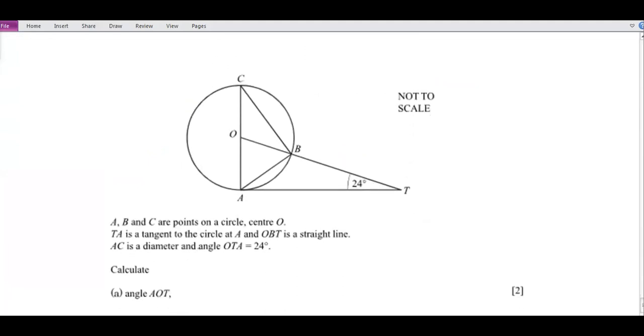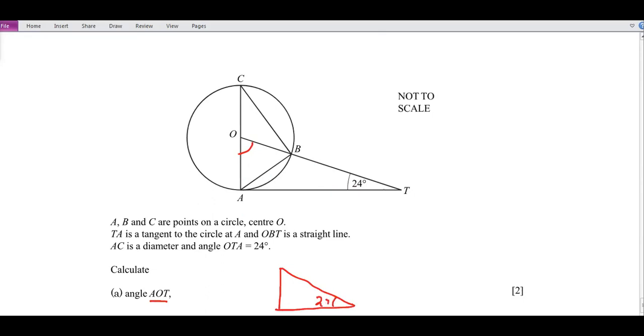Coming to this one now. Everything is given there. Calculate AOT. This angle you have to find. Very easy to find. If you consider this triangle, this is 24.